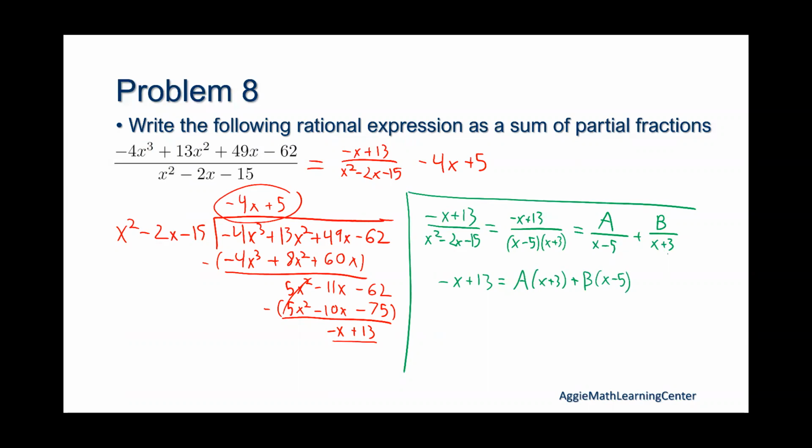Just to make it a bit clearer what I did there, I'm basically taking each of these and multiplying them by x minus 5 times x plus 3 across the whole thing.